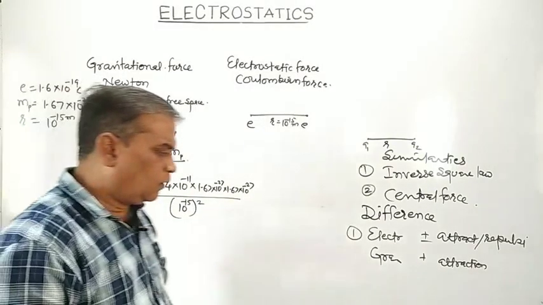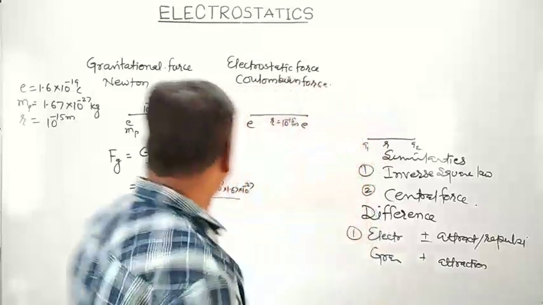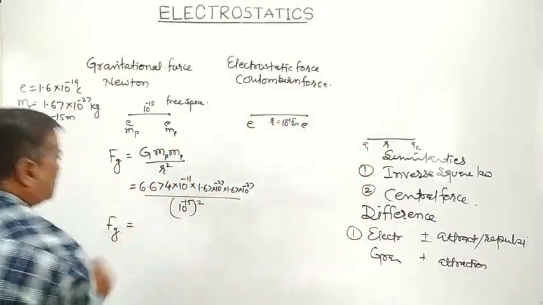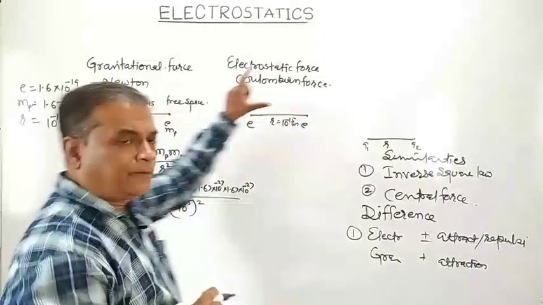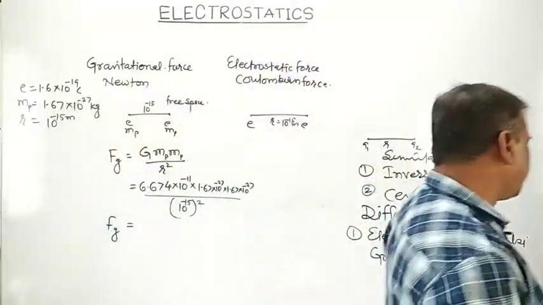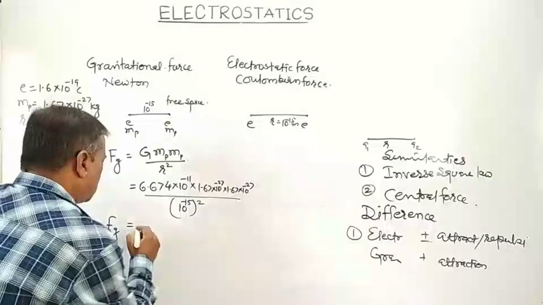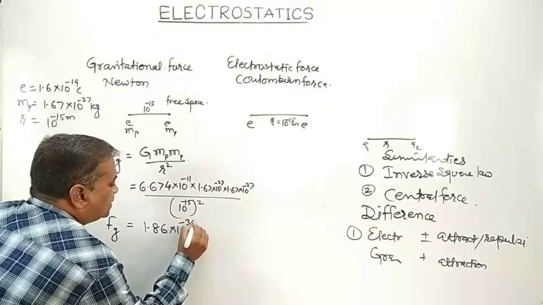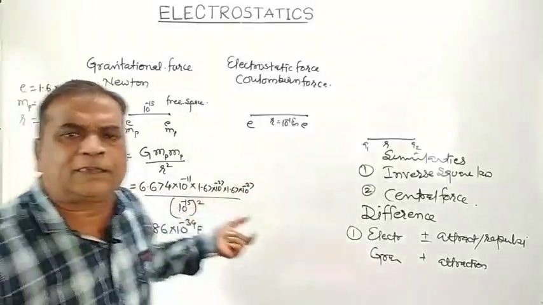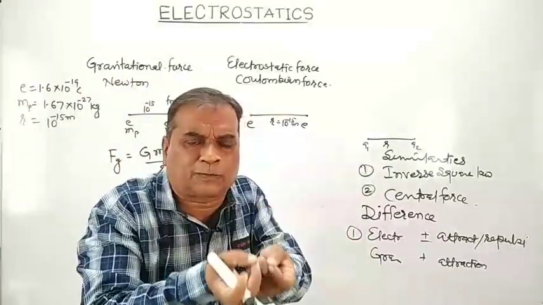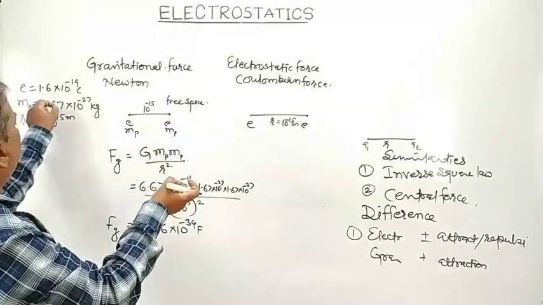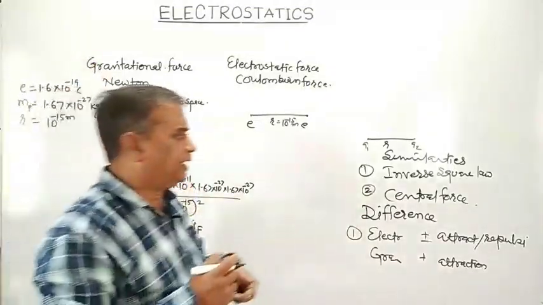If you calculate this gravitational force between the two protons separated by a distance of 10 to the power minus 15 meter, that value comes to be 1.86 into 10 to the power minus 34 Newton. Such a small gravitational force will exist between the two protons of mass 1.67 into 10 to the power minus 27.